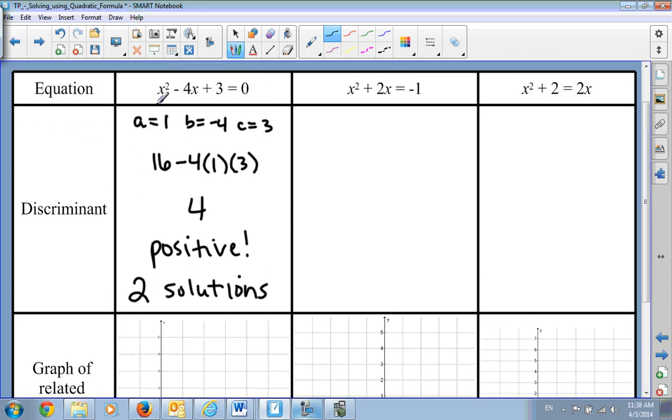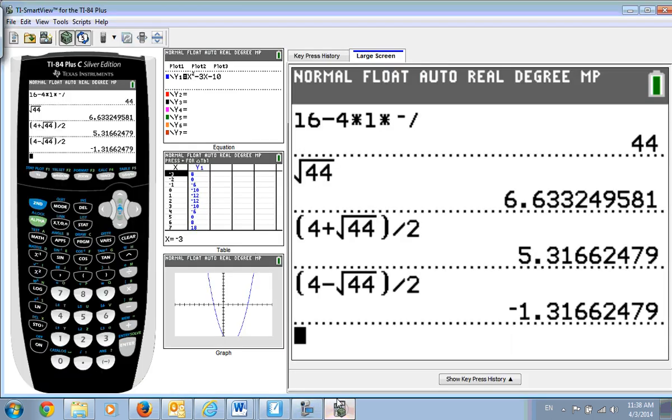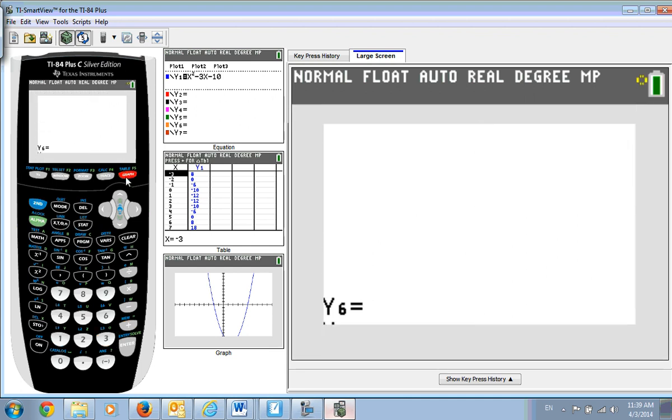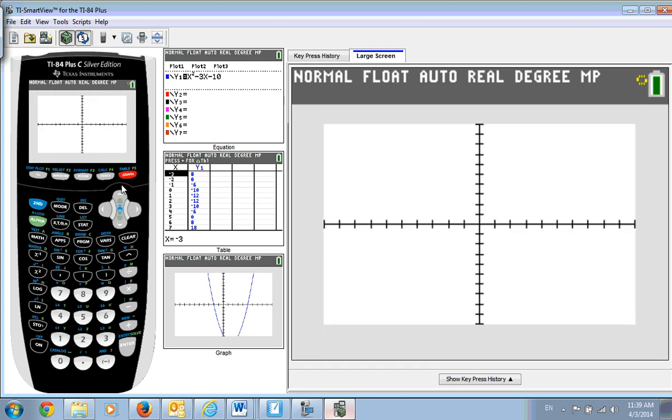So, real quickly, what is x squared minus 4x plus 3? Let's put that on our calculator. Go to y equals in our calculator. X squared minus 4x plus 3. And then if you press graph, you should be able to see those 2 solutions.